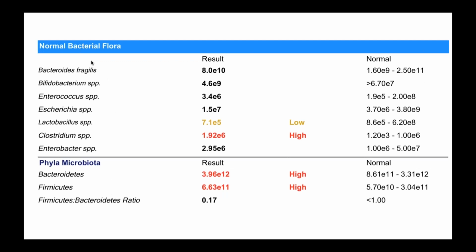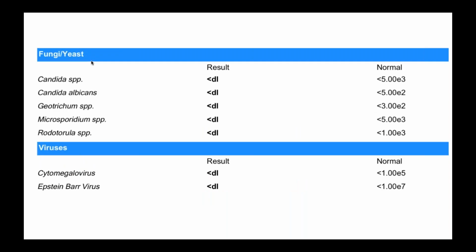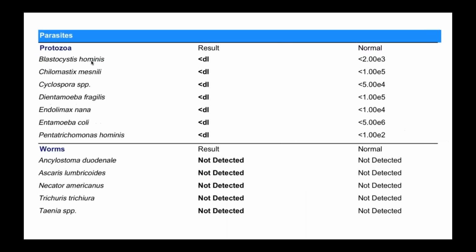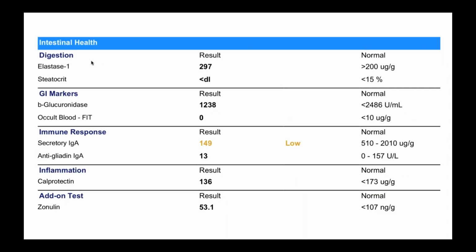I mentioned that SIBO is suspected in this case based on symptoms, and high Bacteroidetes and high Firmicutes is something we frequently see in SIBO situations. No Candida present in this case. No other parasites or worms are present. Once again, as I mentioned with the last case, elastase is a bit on the low side. Again, optimal is around 500.